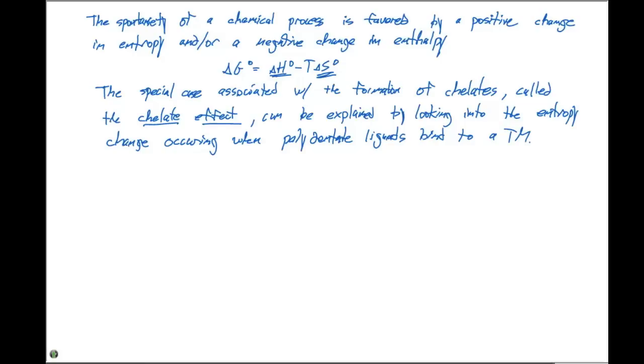So we're going to consider two different reactions. The first reaction we're going to consider is if we have Ni(H2O)6 2+ in aqueous solution. When we take this ion in aqueous solution and we add 6 equivalents of ammonia, it's going to be in equilibrium with Ni(NH3)6 2+ and 6 waters.